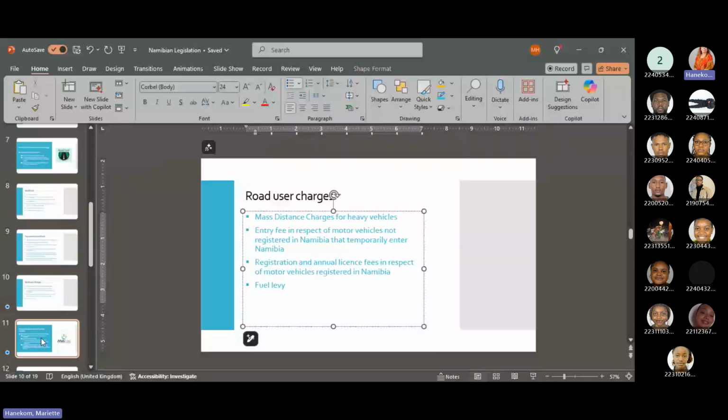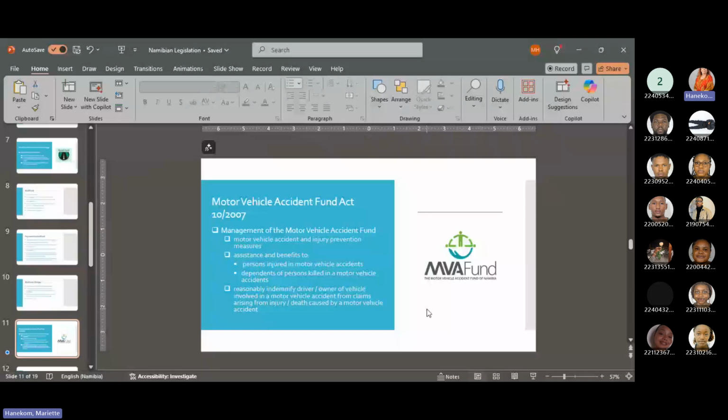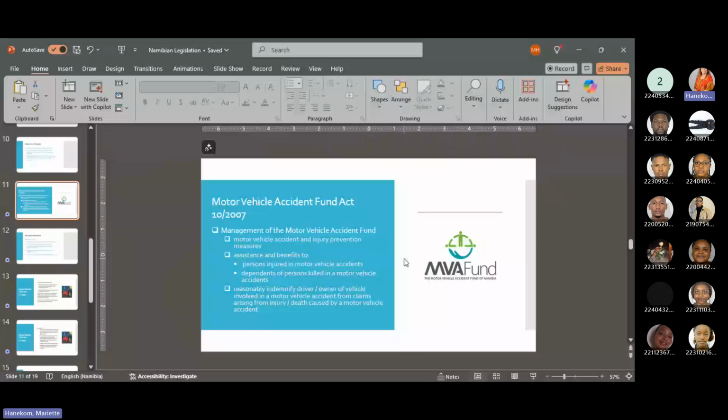Another state-owned enterprise, this one is a little bit older, goes back to 2007, the Motor Vehicle Accident Fund. The Motor Vehicle Accident Fund Act established the Motor Vehicle Accident Fund. The purpose of the Motor Vehicle Accident Fund is firstly to implement motor vehicle accident and injury prevention measures.